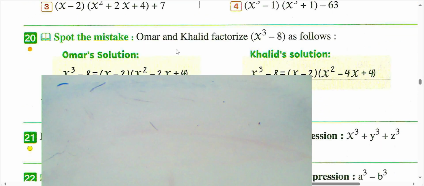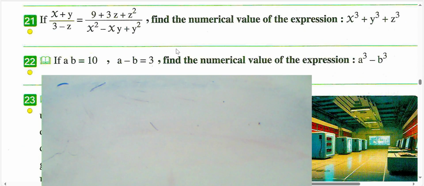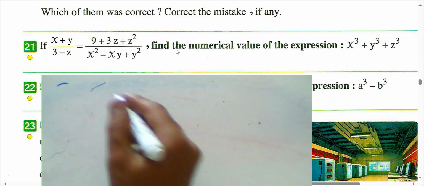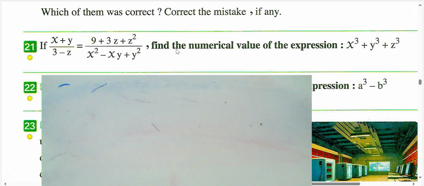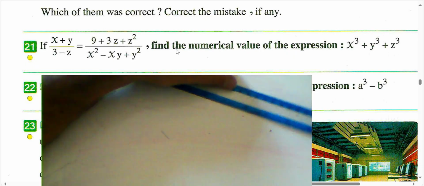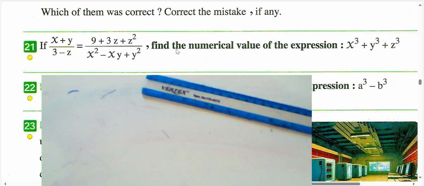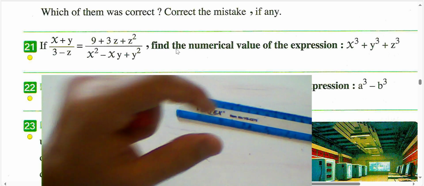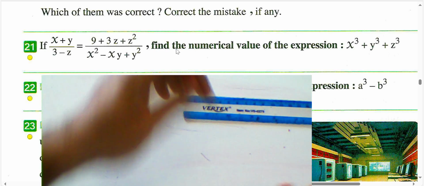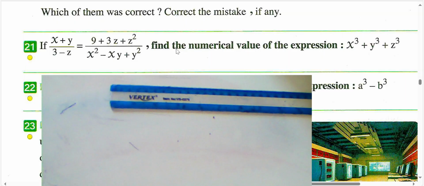Next question, number 21. If (x plus y) over (3 minus z) equals (9 plus 3z plus z power 2) over (x power 2 minus xy plus y power 2), find the numerical value of the expression. Okay, look with me.